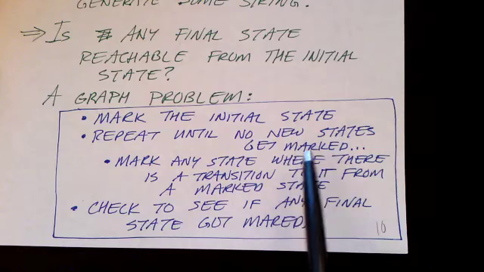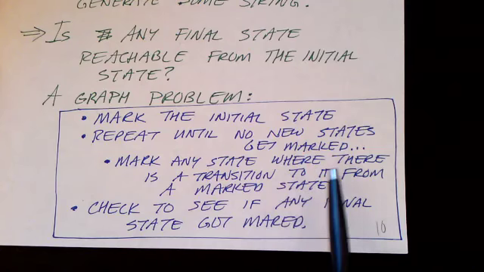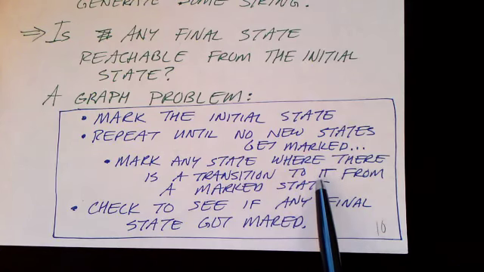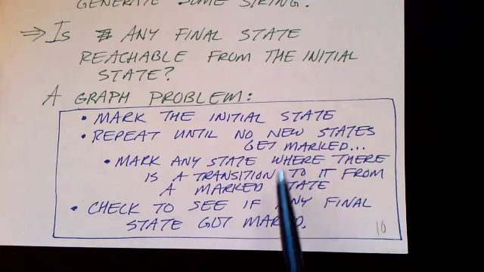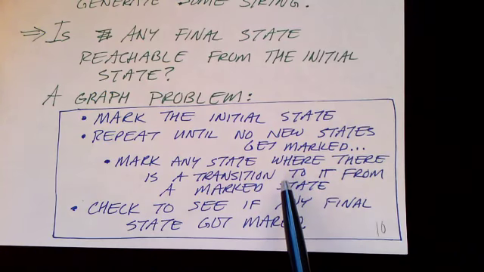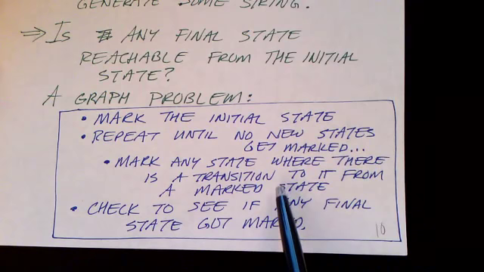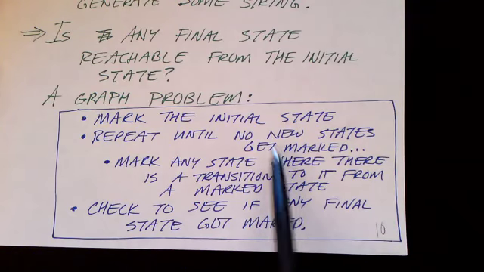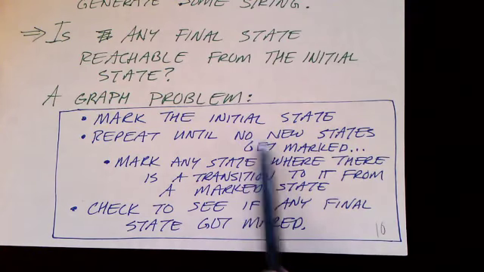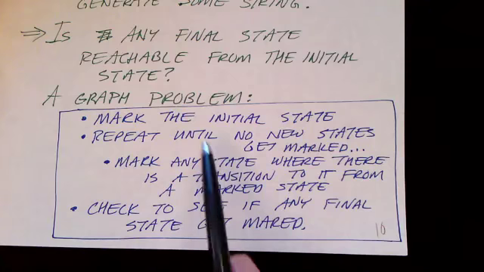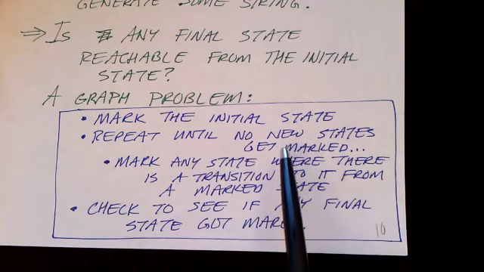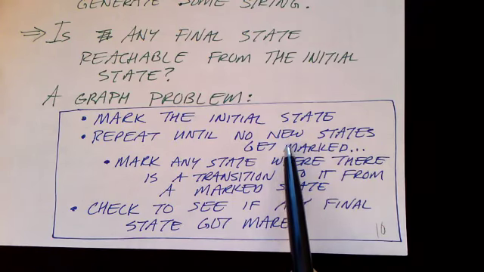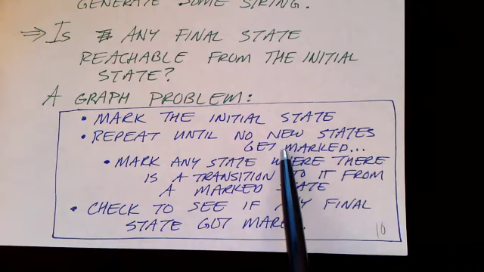In that case, determining whether we can get from the initial state to the final state is much more complex, and we would need to write a computer program to do it. But we can do it, and that computer program will terminate. Now, if you look at an algorithm and you see a repeat statement, and until something, you should immediately get suspicious and think, will this thing terminate?